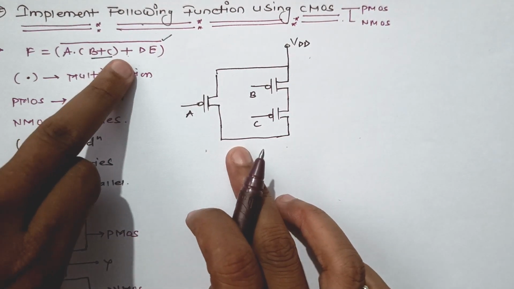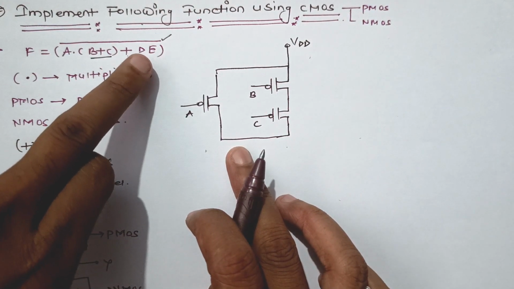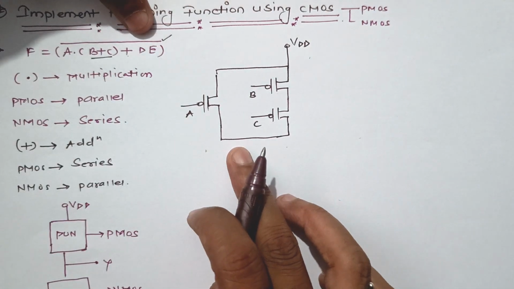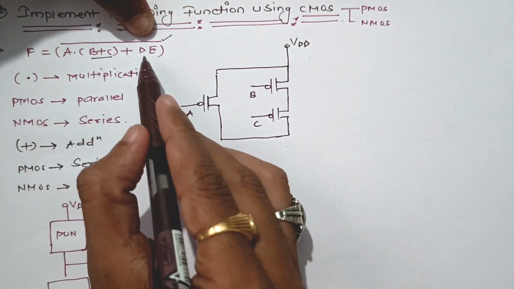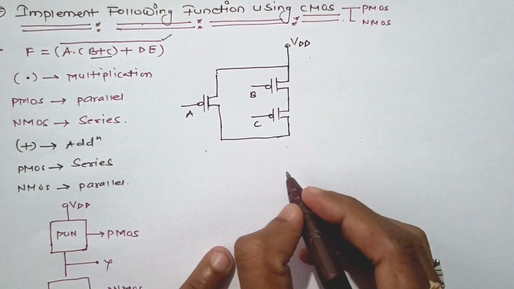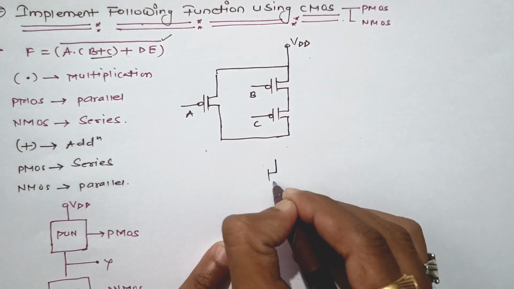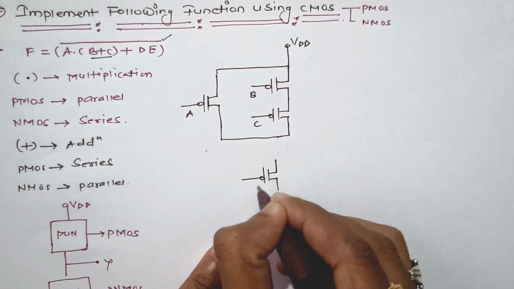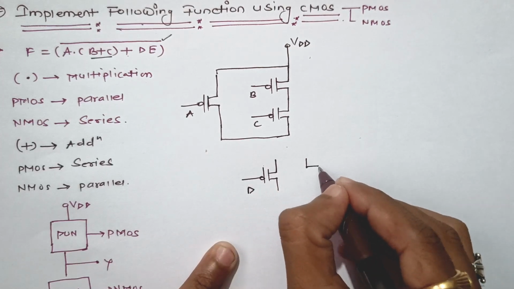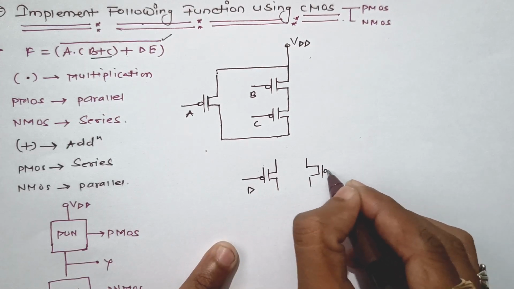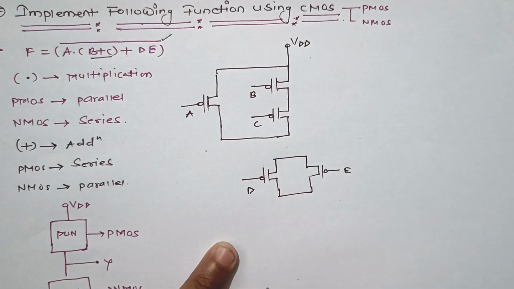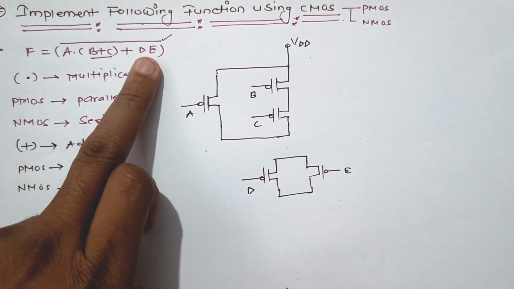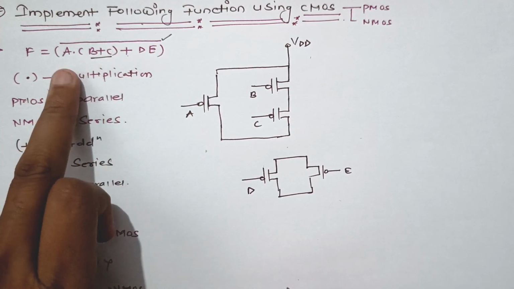Next, the plus sign is there, and here it is multiplication of D and E. Again, for PMOS, if there is multiplication, it will be connected in parallel. So D and E will be in parallel. First, we'll draw a PMOS with input D, other with input E. These two are in parallel, and this DE is in addition with the remaining term.